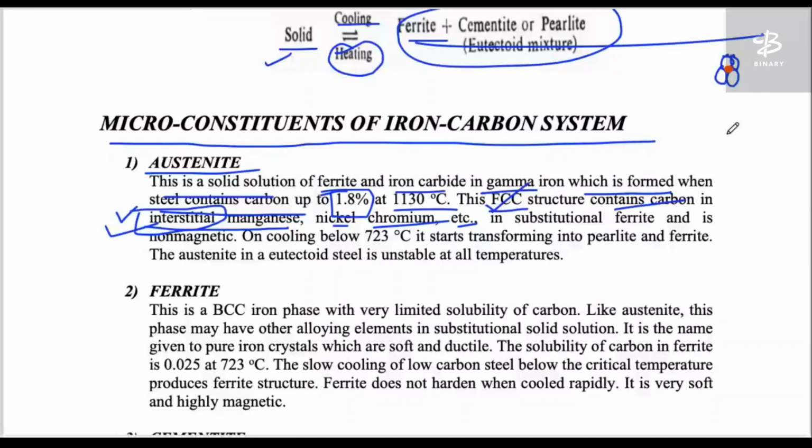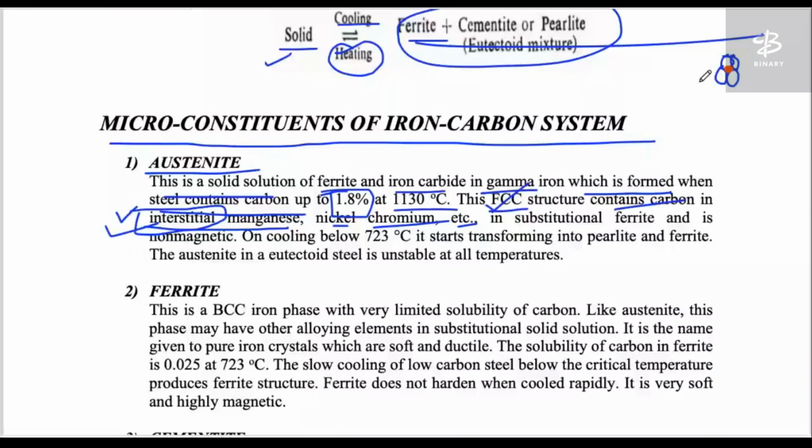Okay, so what we can conclude here is that an interstitial substitution would be of an element that has a lower atomic size.